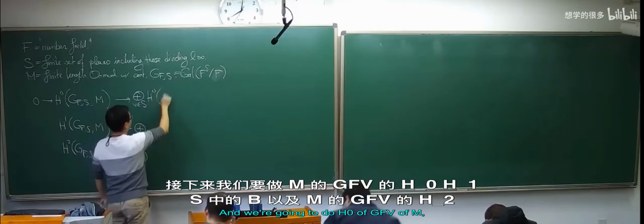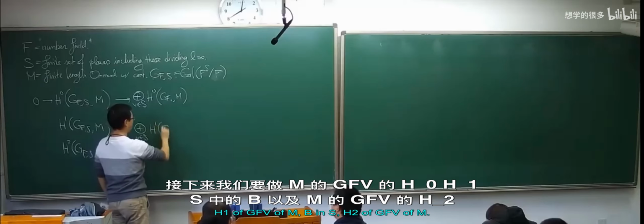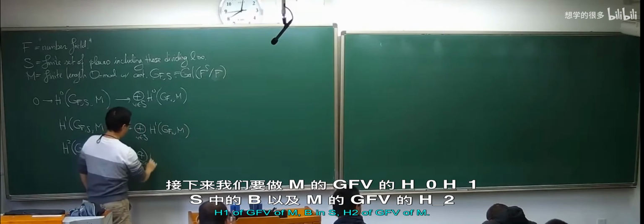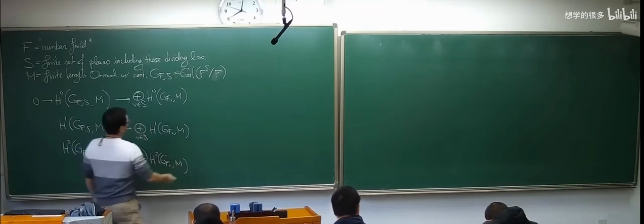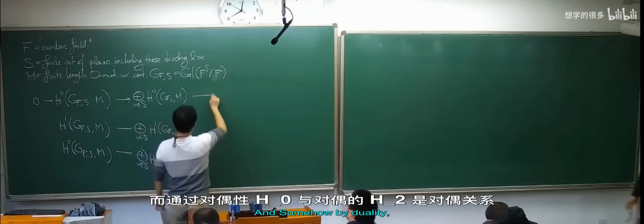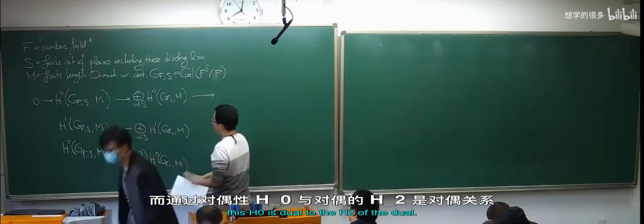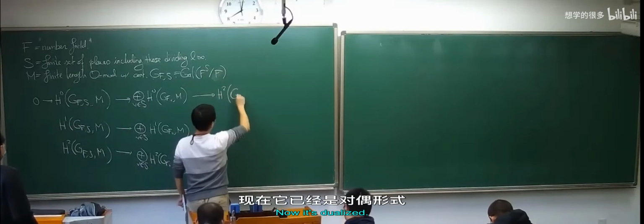And we're going to do H0 of G_{F,S} of M, H1 of G_{F,S} of M, V in S, H2 of G_{F,S} of M. And somehow by duality, this H0 is dual to the H2 of the dual. So I have the restriction map. Now it's dualized.